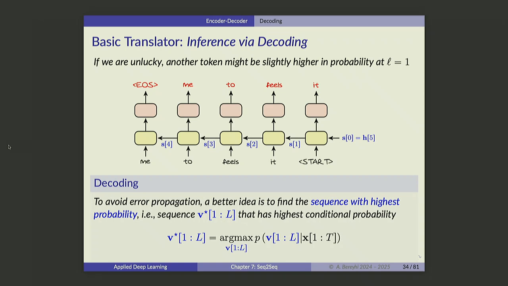Initially, when people were stuck with these RNNs, they started to do basically maximum likelihood sequence decoding. Meaning that it says, well, "I" has a high probability as the first token, but this is only the probability of the first token, right?